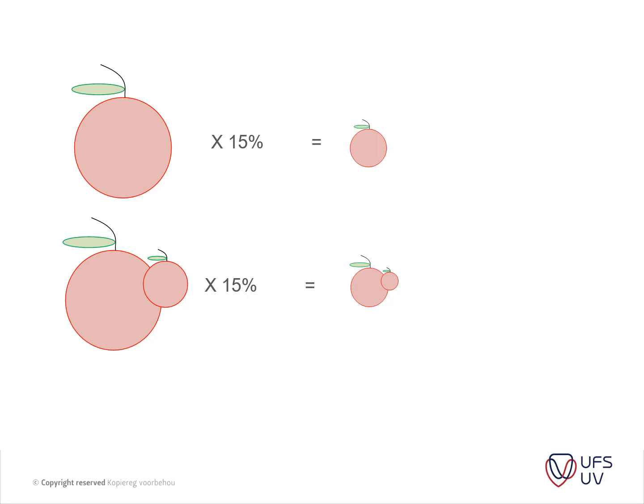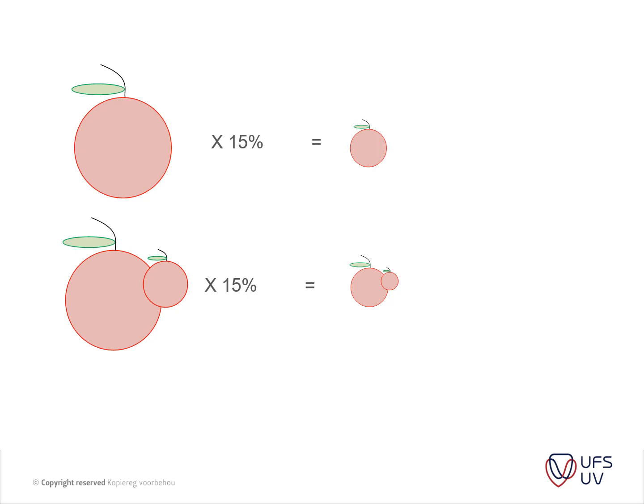So whenever we've got an apple and we take 15% off or out of this apple, we end up with a small apple. So it is not the same as when you have VAT included already. So if you've got VAT included, you already have a big apple and a small apple.